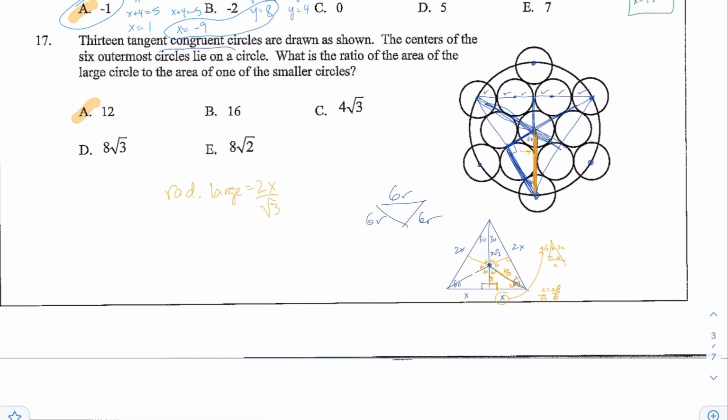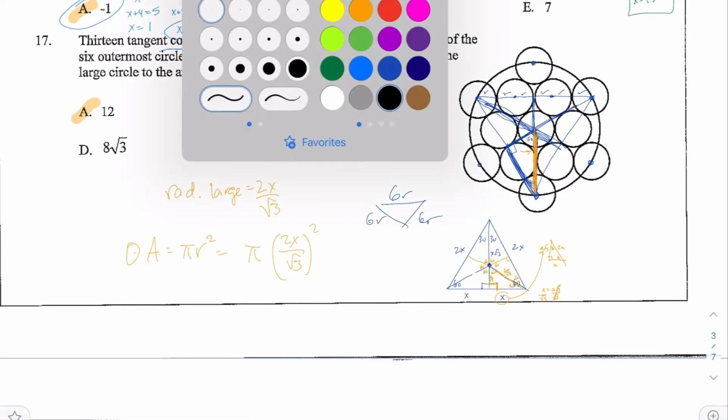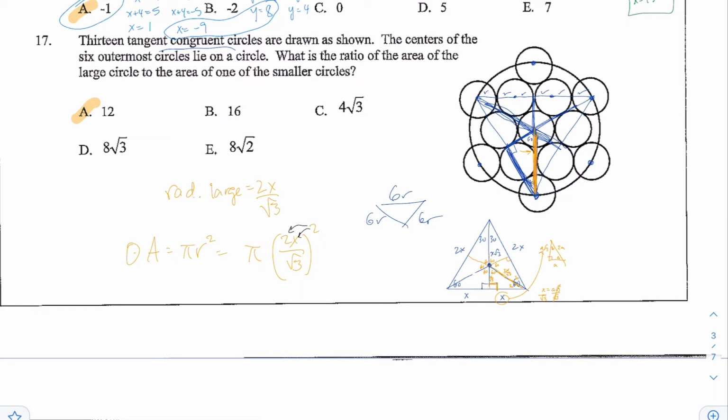And to find the area of a circle, it's pi r squared. So that's going to be pi times 2x over root 3 squared. And from here, you can distribute this power of 2 to everything inside the parentheses. That will be x times 2 squared, x squared over root 3 squared, which will be pi times 4 times x squared over 3, or 4/3 pi x squared.